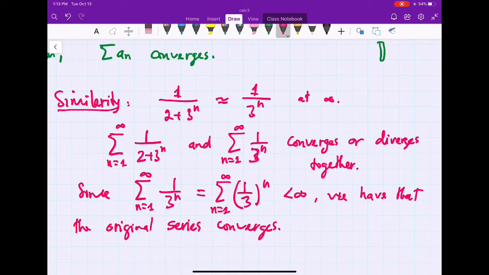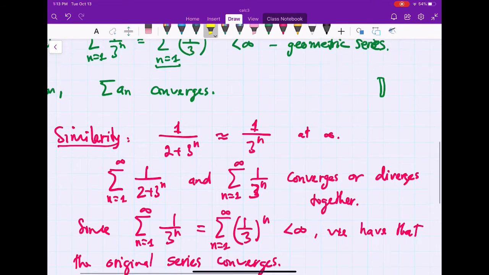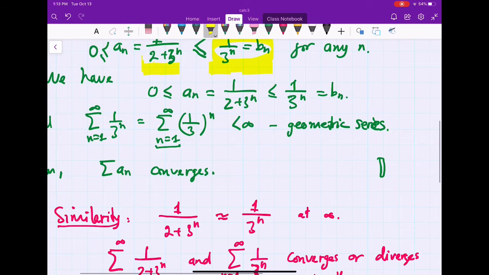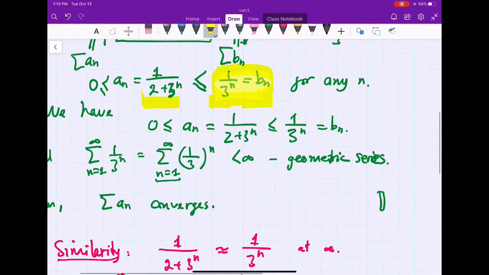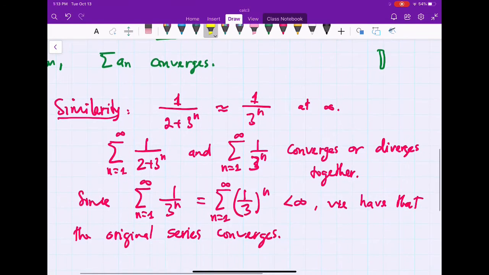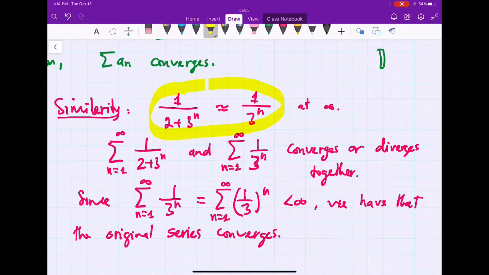So this is also a solution. And in this solution, you don't have to predict this series. Of course, this series also comes from this one. But in my opinion, I would say this is easier than the previous one.